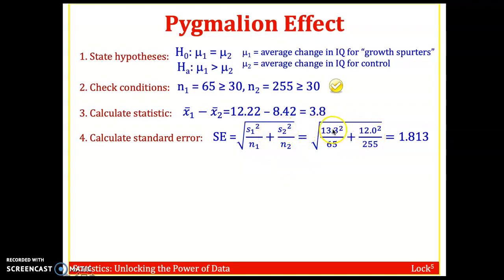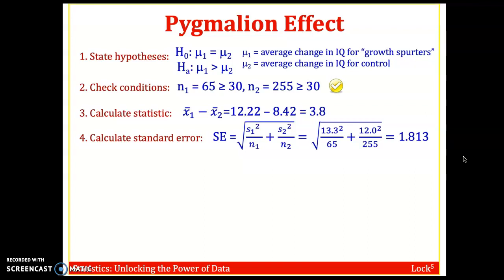So we're taking the two sample standard deviations over the sample sizes. Notice here the sample sizes are not the same, but that's perfectly fine. The main issue is that they're both at least 30. And the 65 group, their standard deviation was 13.3. So you've got to make sure you put these over the correct fraction. Throw that in your calculator to get 1.813 as your standard error.